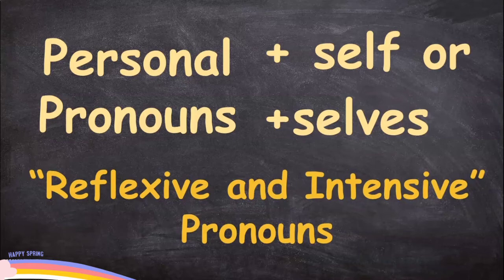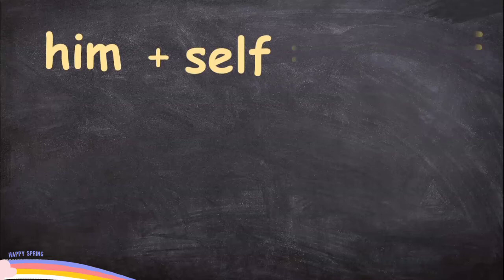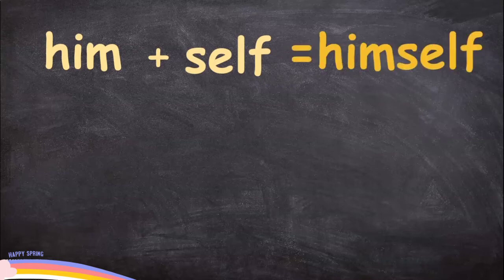Let's pick some of the familiar personal pronouns that we have. Let's have him. Him plus self is equal to himself. Okay, so the personal pronoun him, we added it with an ending self. We have formed himself, which is considered as reflexive or intensive pronoun.